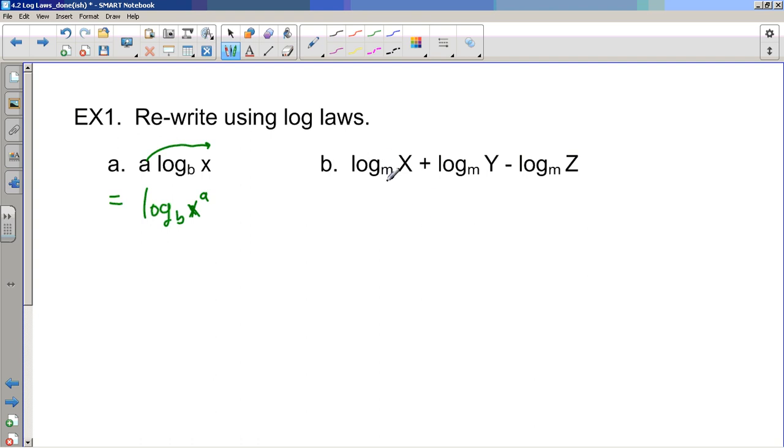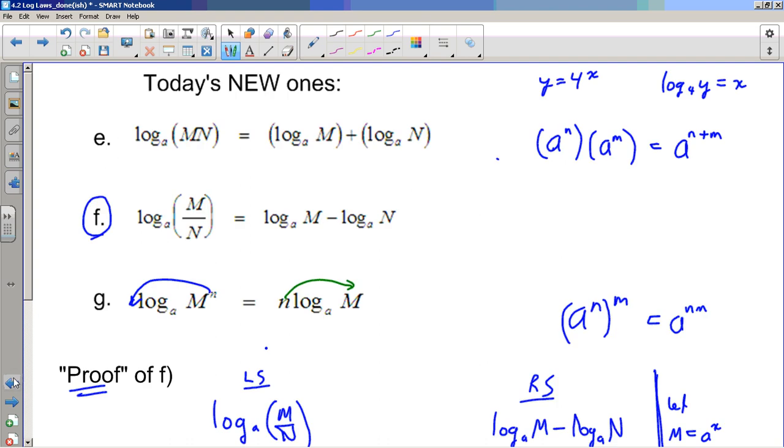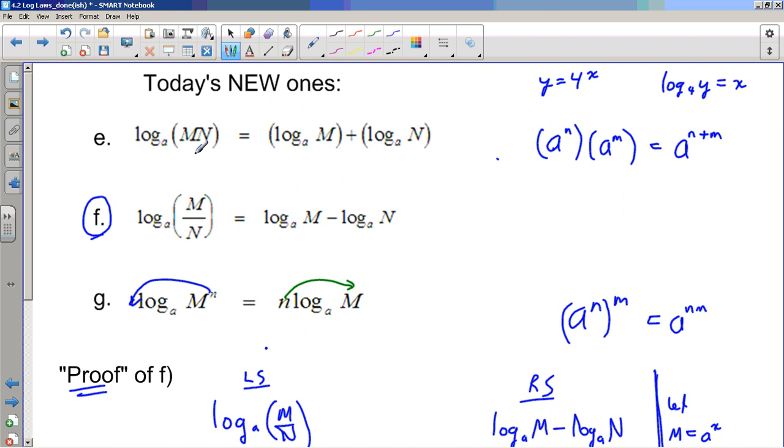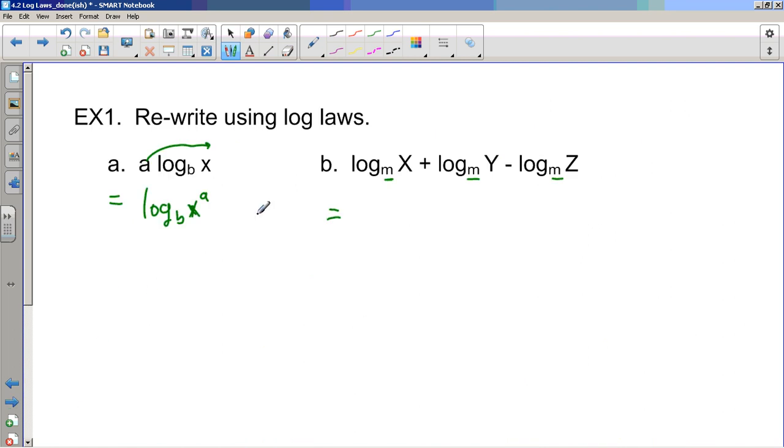Notice here we've got all the same bases. The base is m. That means I can use my log laws. Well, which one does this look like? There's two of them here actually, right? I've got one of them where I got two logs added, and that means it becomes multiply on the inside. So when I put those two together, same base doesn't change, and then on the inside it becomes multiply.